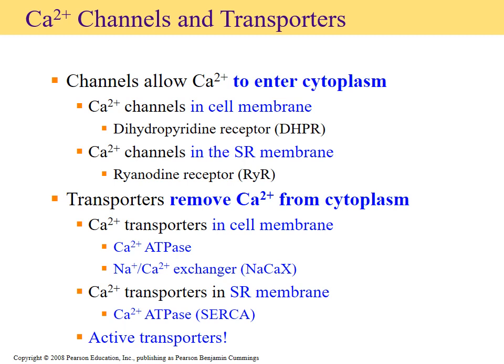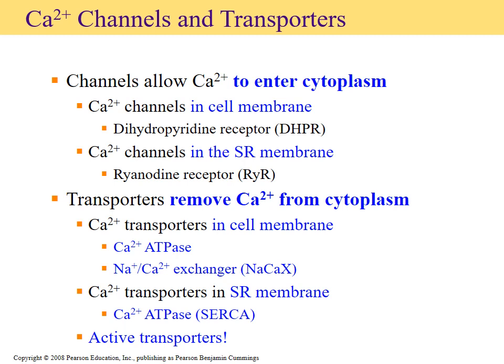So in order to do that, we're going to rely on different channels to allow the calcium to enter into the cytoplasm through the membrane of the cell or from the sarcoplasmic reticulum, the SR region, because we know that's where we store our calcium. And also we're going to need to rely on different ATP transporters to pump out the calcium if we want to lower the calcium rate in the case of wanting to relax the muscle.